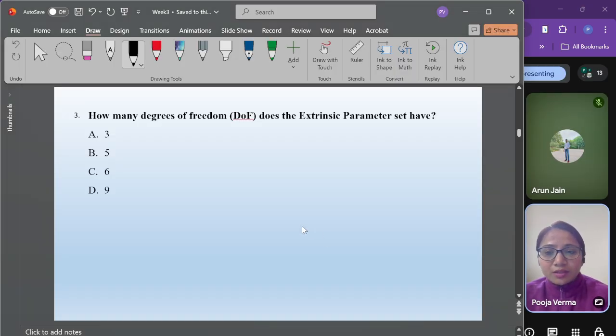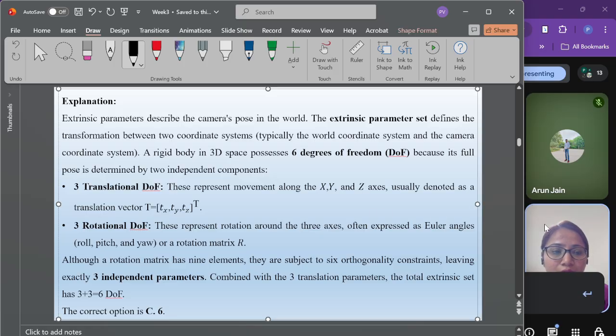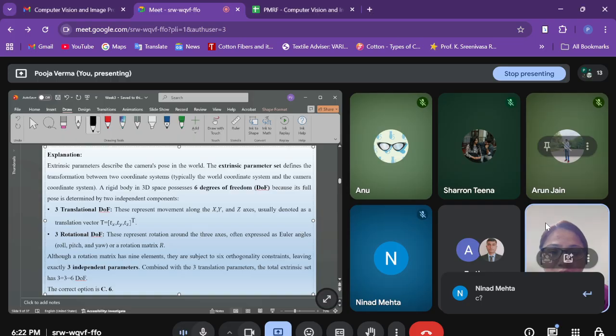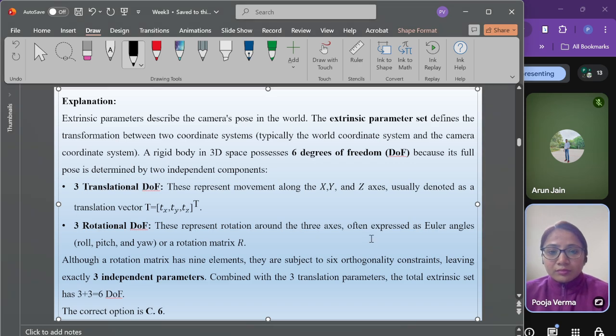Okay, so let's see the solution for this one. The extrinsic parameters define the transformation between the two coordinate systems, that is the world coordinate system and the camera coordinate system.